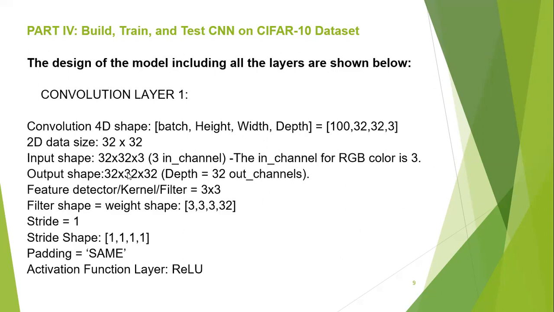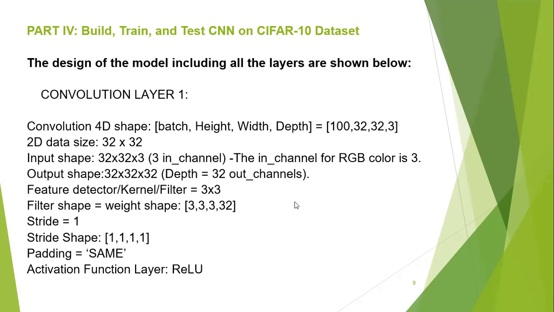And then the output shape will be 32 by 32 by 32, and the depth of the output channel is 32. For this case, we are going to use a 3 by 3 filter instead of 5 by 5, because 3 by 3 requires less computation, since this data set is very big and requires a lot of computation power.